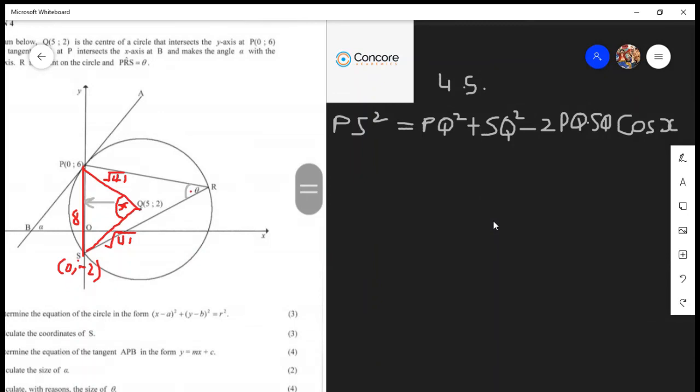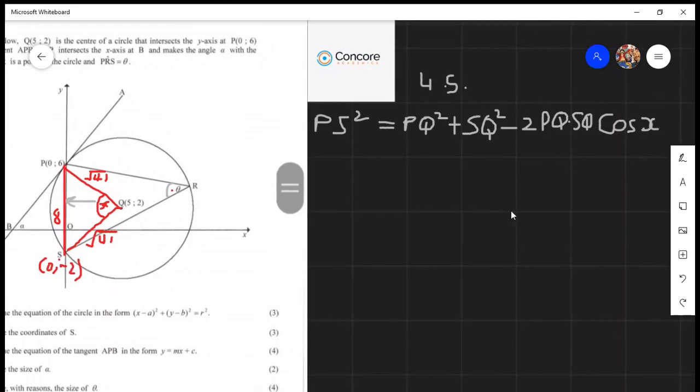Okay, so instead of writing angle PQS, just for simplicity's sake, or to have less to write, I just made that angle x. I just renamed it to x. That's all. I didn't change anything or do anything fancy. Do you understand? Okay.